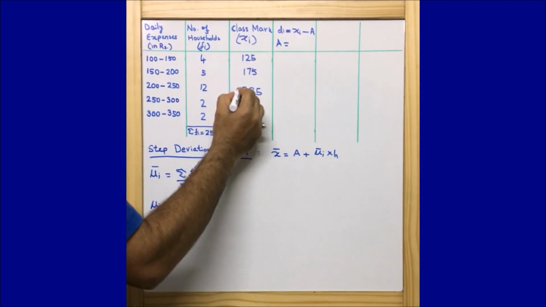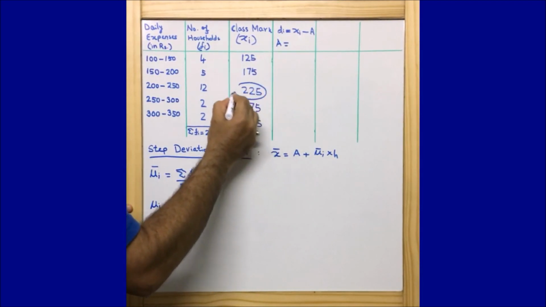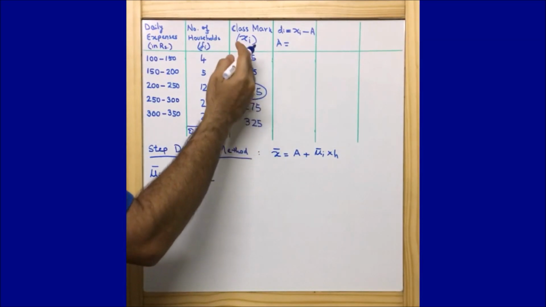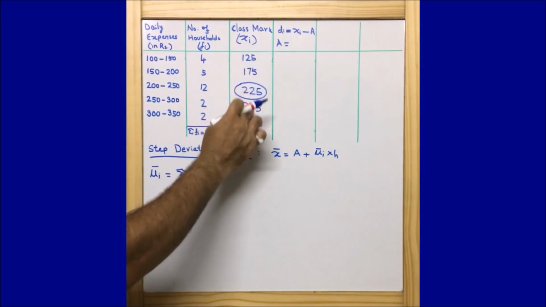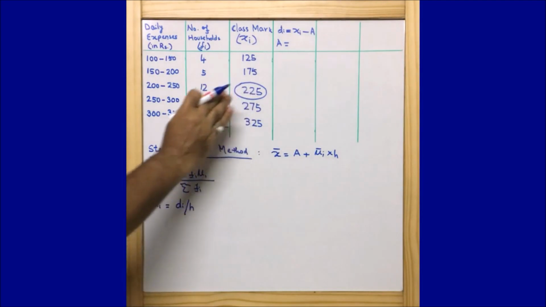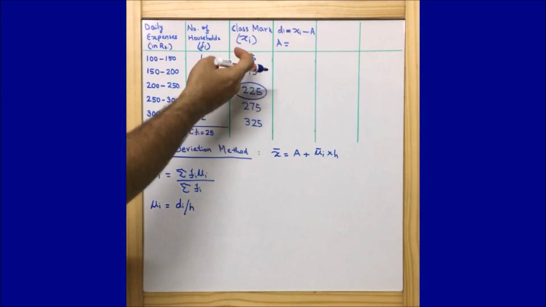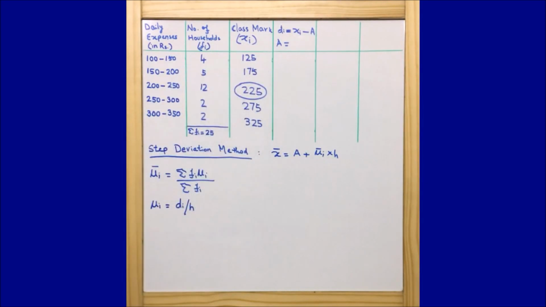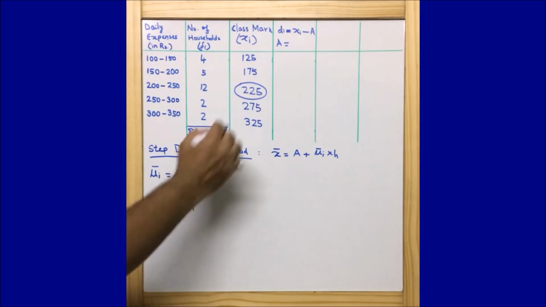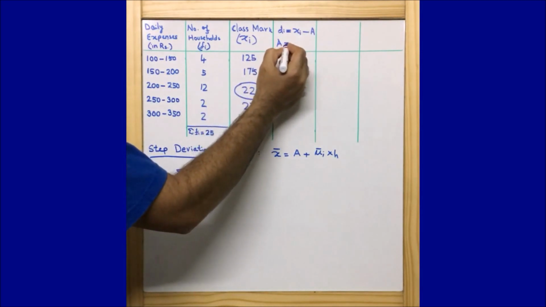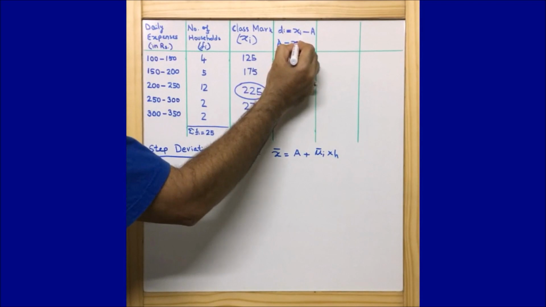So let us assume the mean to be 225. I am just taking the center point, because there are 5 items, but you can take any number, 125, 175, whatever point you feel comfortable with, but I will go with 225. So here for me a is equal to 225.